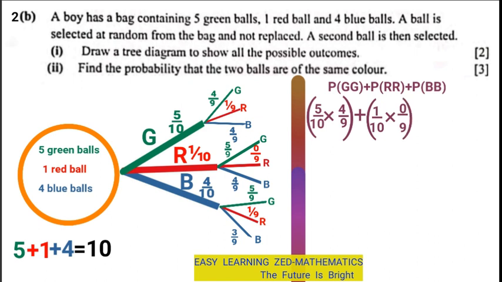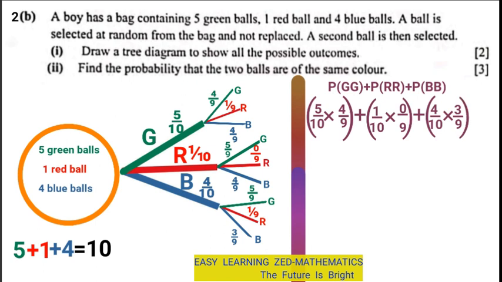What is the probability of picking a blue ball at first? It is 4 over 10. Multiply by the probability of picking the second blue ball, which is 3 over 9. Close bracket.